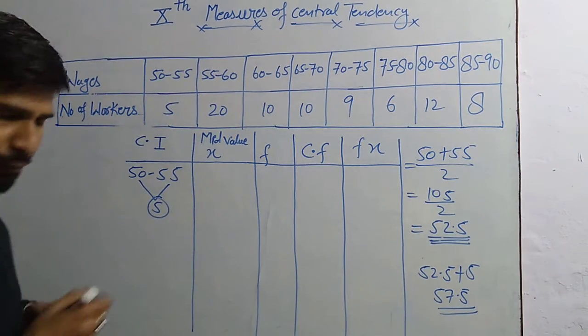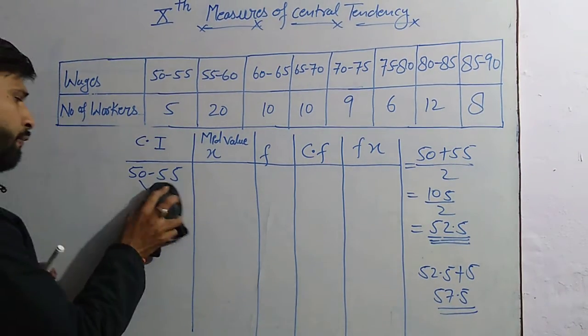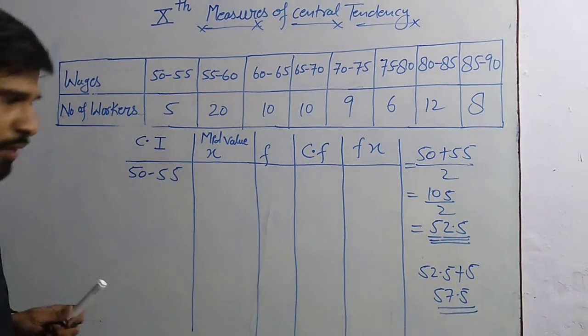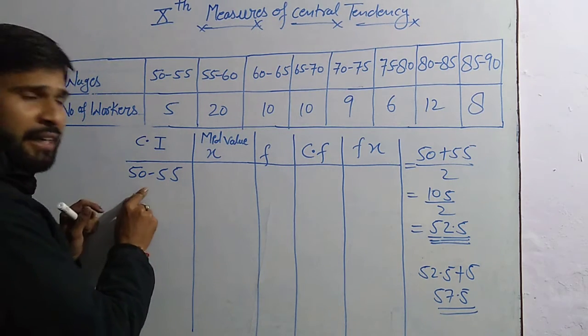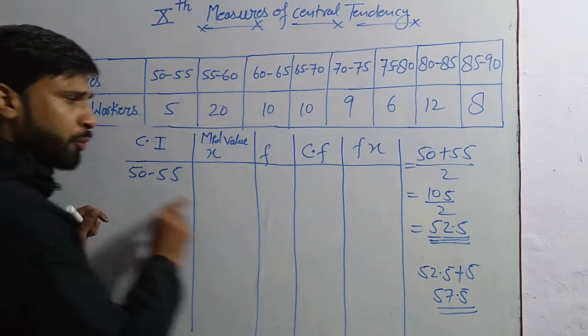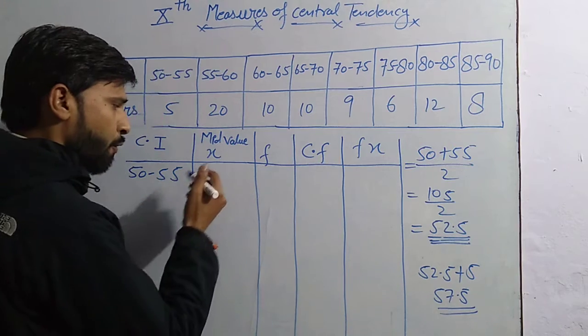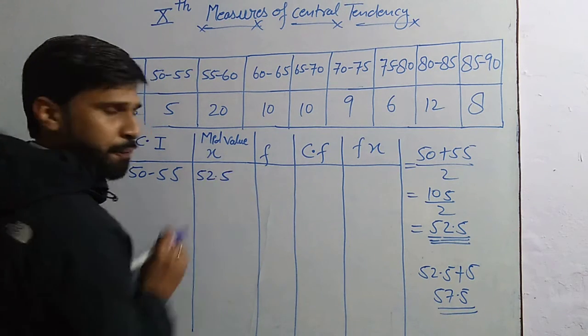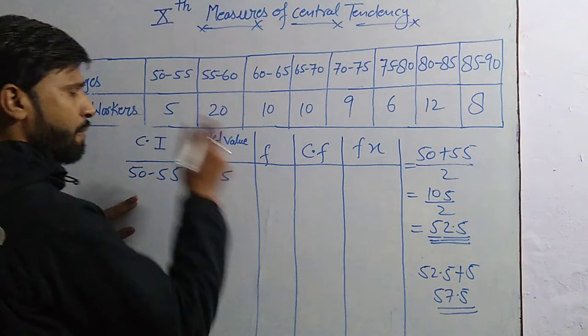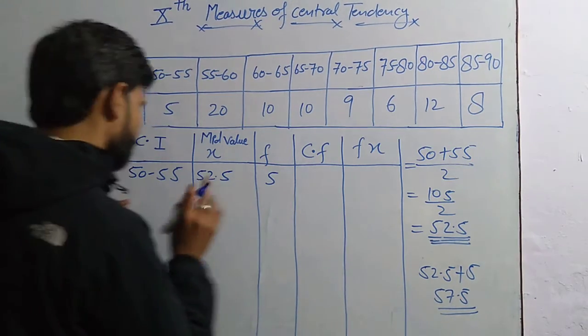So the first mid value, after adding 50 plus 55 and dividing by 2, is 52.5, and the frequency is 5.